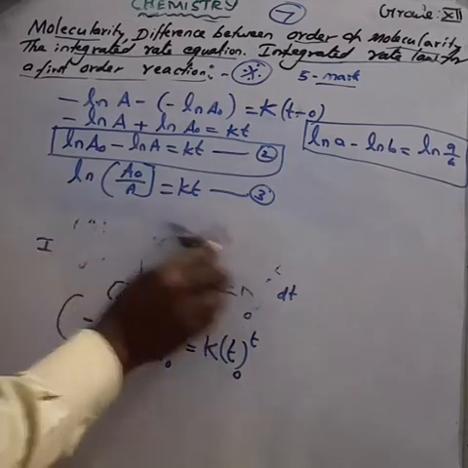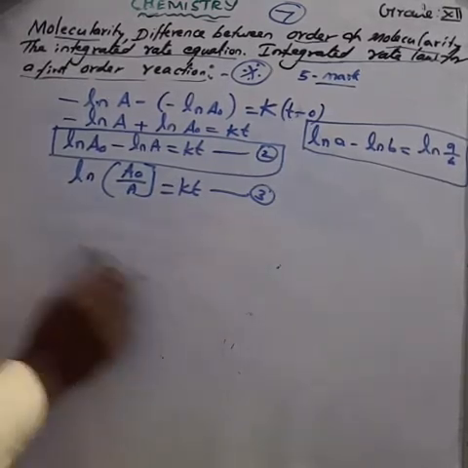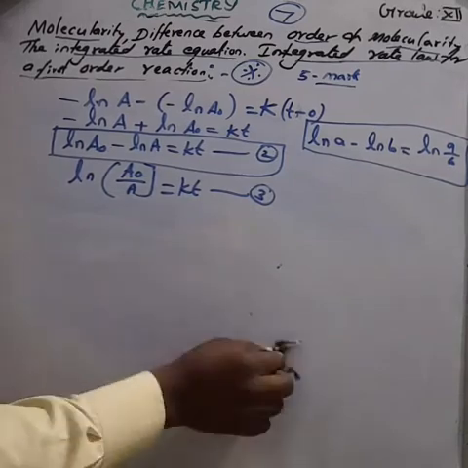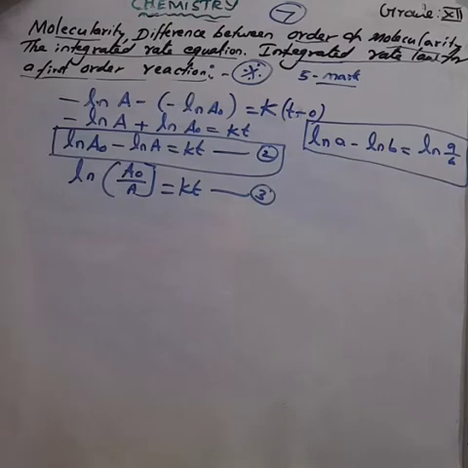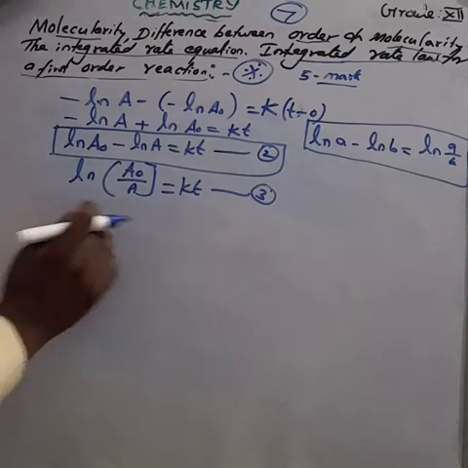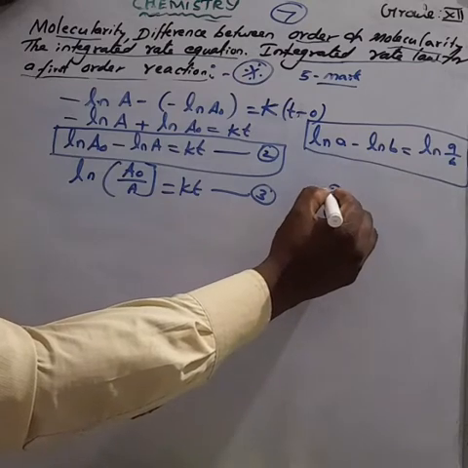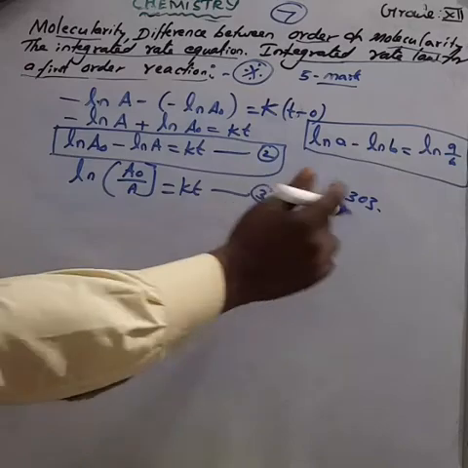To convert the natural logarithm to the logarithm with base 10, we have to multiply by the term 2.303.